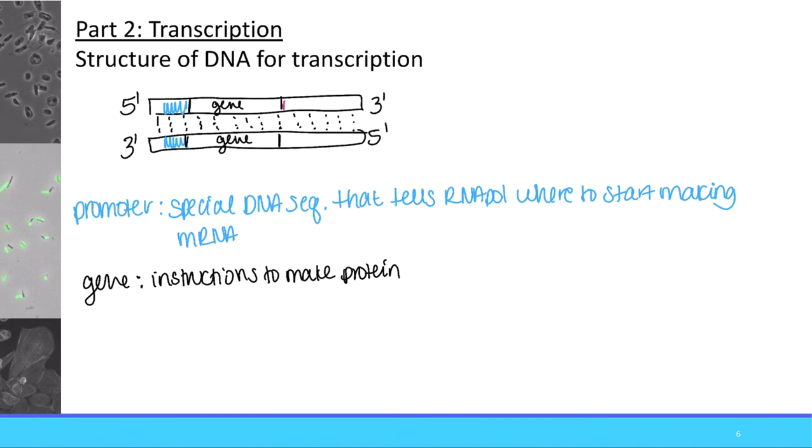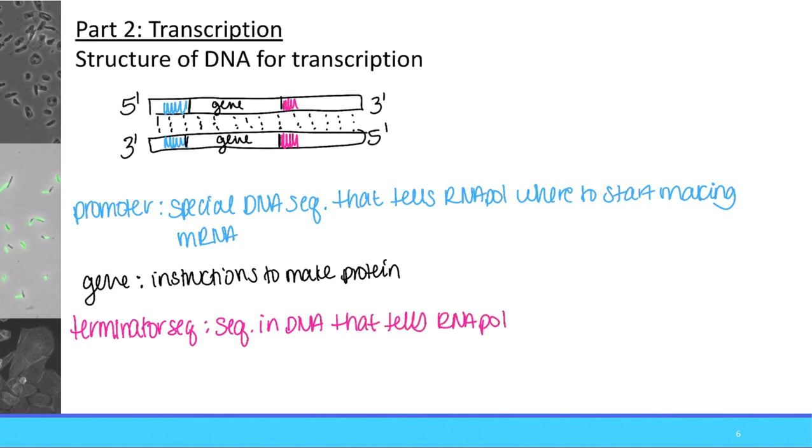Now, of course, at the very end of that gene, we're going to have this pink sequence, and this pink sequence is the terminator sequence. Again, this is a special sequence in DNA, and this tells the RNA polymerase to stop making mRNA.